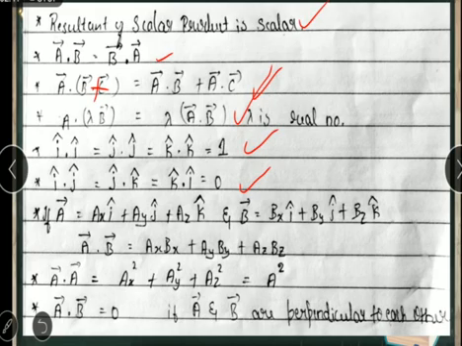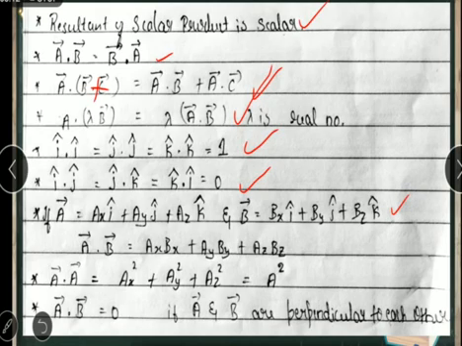Okay. I have explained in detail these properties in the motion in a plane, isn't it? Okay, once again go through that concept. Okay. So, briefly I am explaining here. Next, vector A can be written in terms of unit vector notation, that is Ax i cap, Ay j cap, Az k cap, and vector B can be written as Bx i cap, By j cap, Bz k cap.